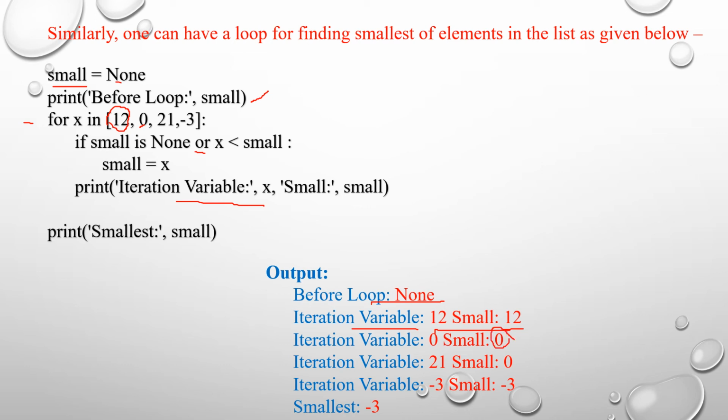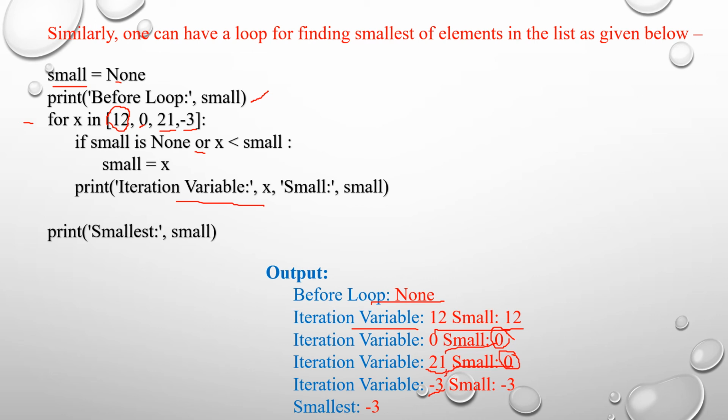So 0 is accumulated. The next value is 21. So 21 is compared with the previous stored or accumulated value. The previous stored value is 0, so 0 is compared with 21. Here the smallest value is 0, so 0 is accumulated and printed. In the next iteration, minus 3 is compared with the previous accumulated value, which is 0.